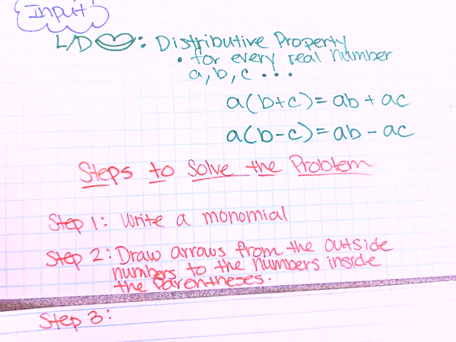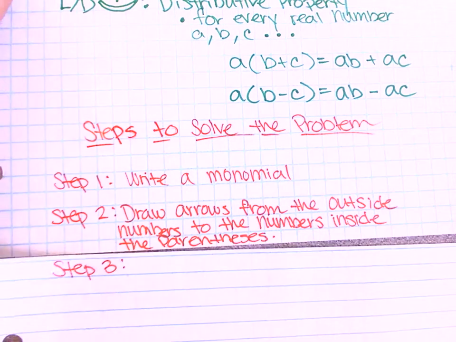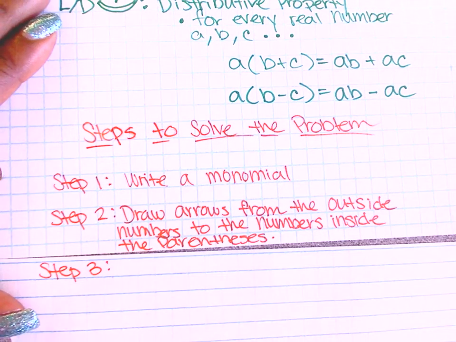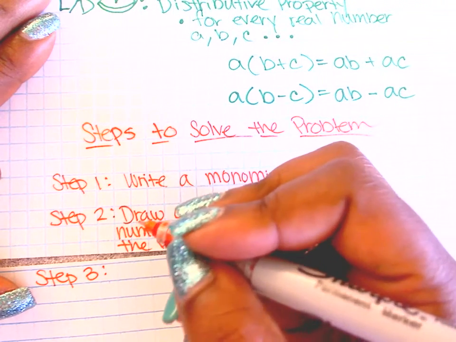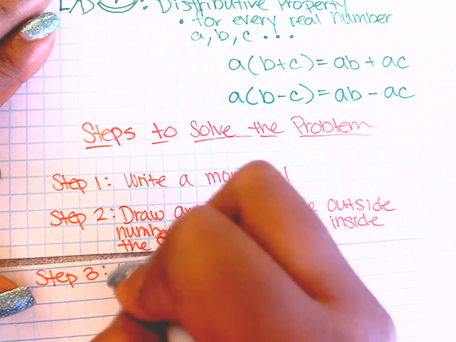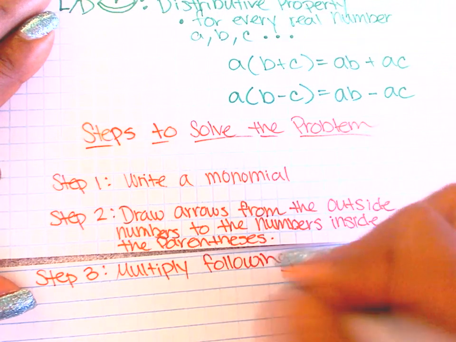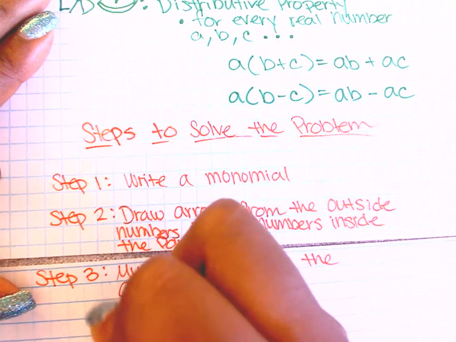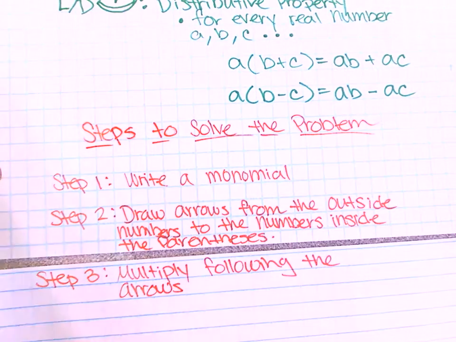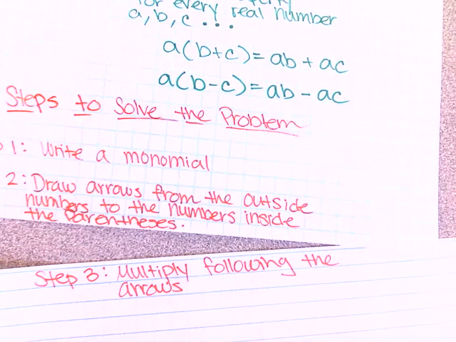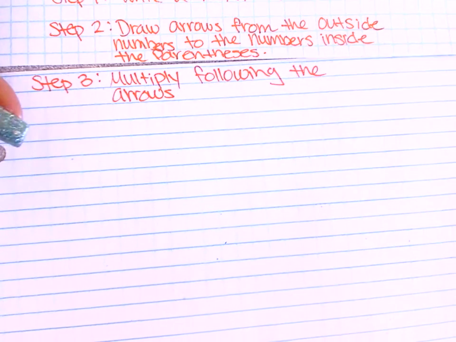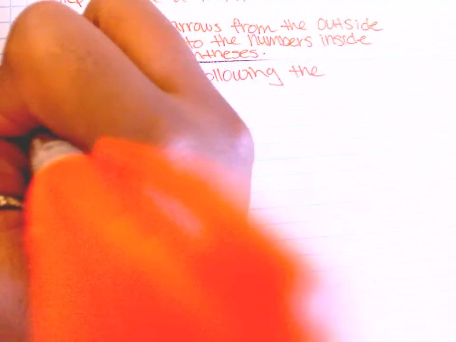Step number 3 is to multiply following the arrows that you drew, which I will show you. Step 4 is to simplify.